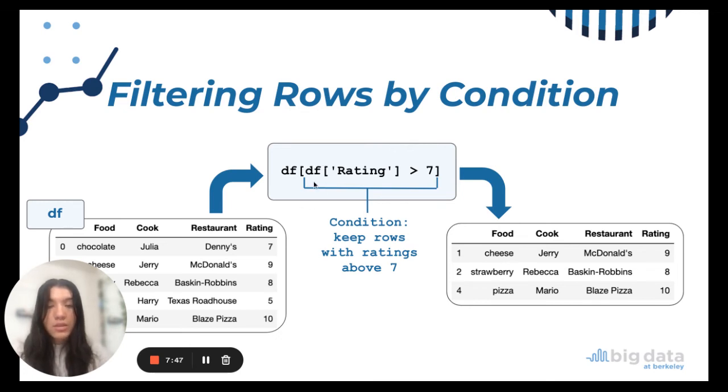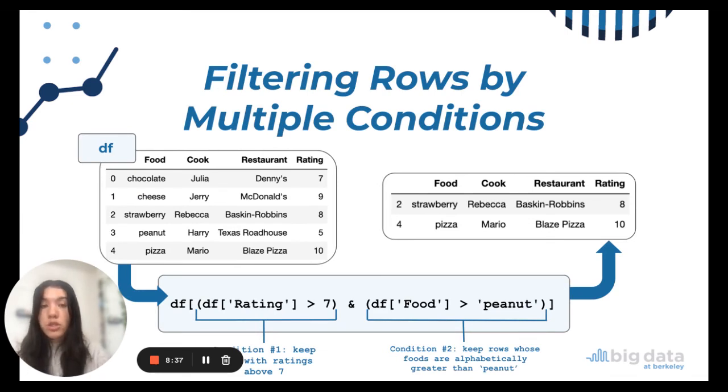Once we pass in this Boolean argument, it returns a data frame with all the columns, food, cook, restaurant, rating, with only the ratings greater than 7. We can also filter rows by multiple conditions using an AND operator as well as an OR operator.